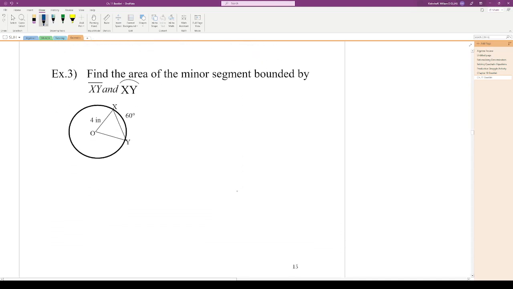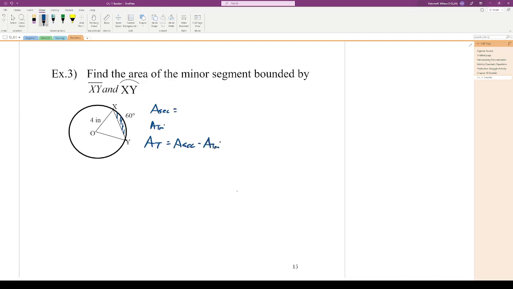So let's find the area of the minor segment bounded by segment XY and arc XY. So that means this part in here. First of all, we need the area of the sector. So we'll call the sector area sector. And then we're going to find the area of the triangle, and we're going to subtract them. Total area is going to be sector minus triangle.